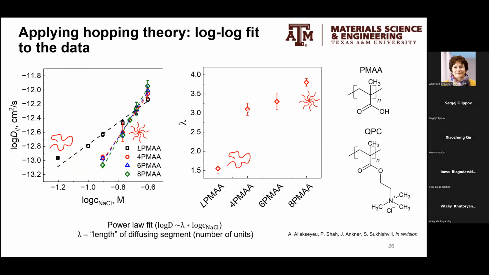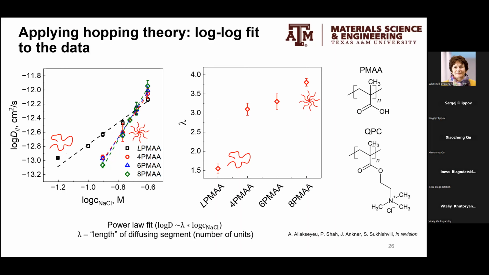Naturally and interestingly, that number sharply increases for the stars, to about 3 to 4 segments involved in the hop during diffusion in the case of stars. This is due to increased connectivity and interdependence of the hopping of the segments in their branched, star-like architecture.